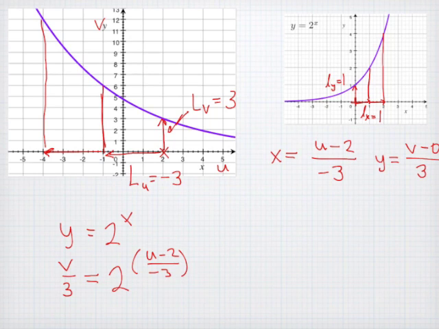I want to solve for my y variable v, so v is going to be 3 times our function 2 to our transformed x coordinates.